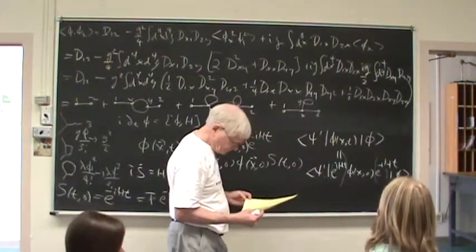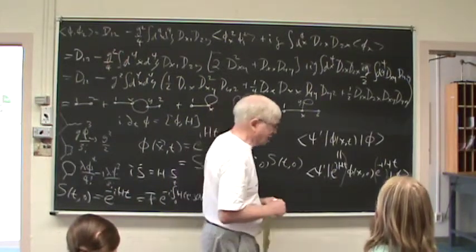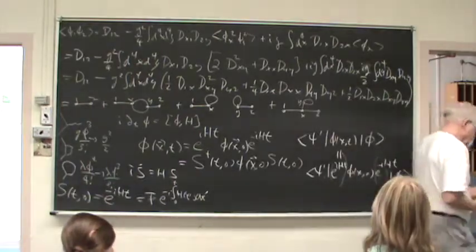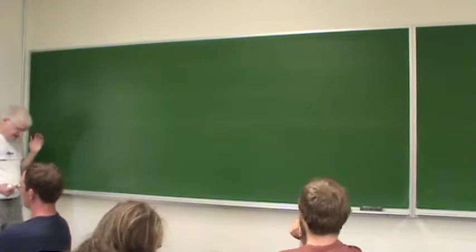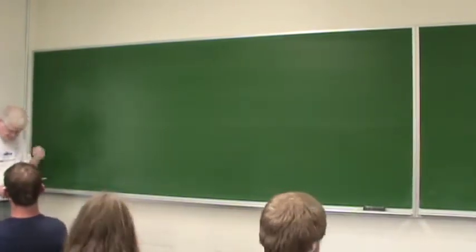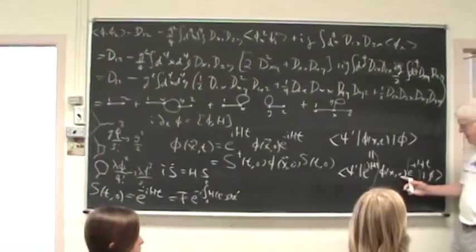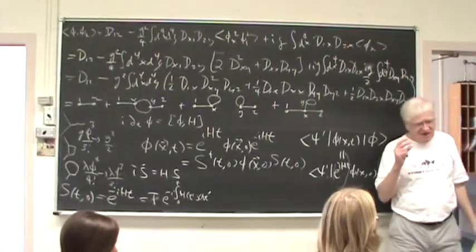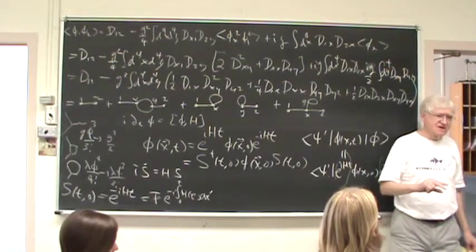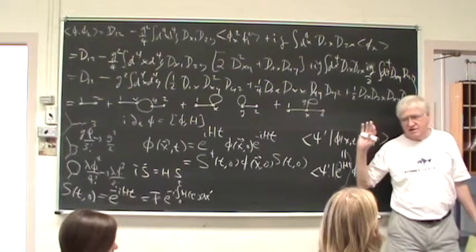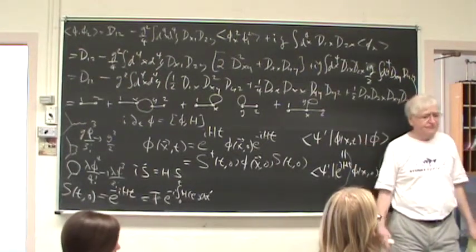Now, it turns out to be convenient to do something else, which is called the interaction picture. In the interaction picture, you put some of the time dependence in the fields and leave the rest of the time dependence on the states.